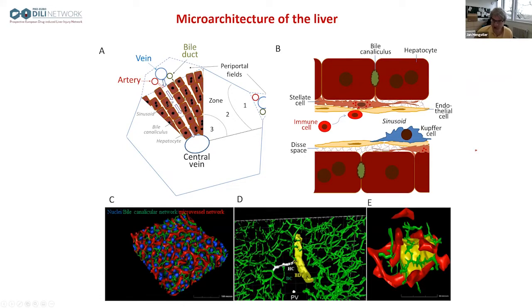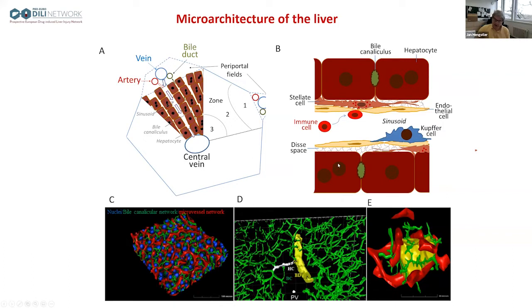Between hepatocytes and endothelial cells are the stellate cells, which are contractile and can regulate the diameter of the sinusoid. They also store vitamin A and play an important role in liver fibrosis. Another cell type which we will constantly see is the Kupffer cell, the tissue macrophage.